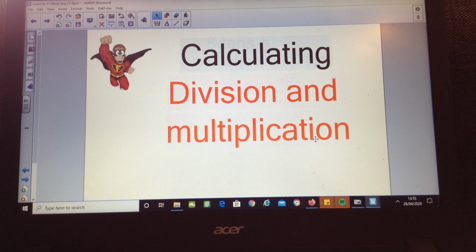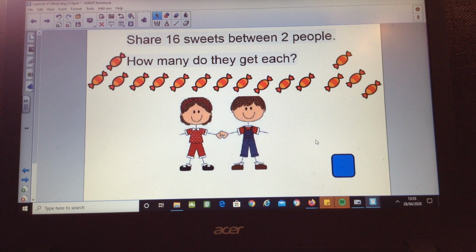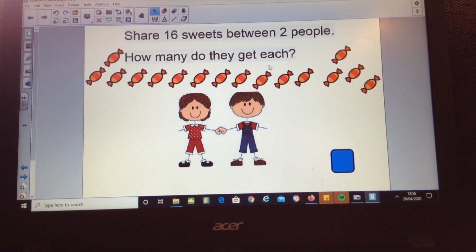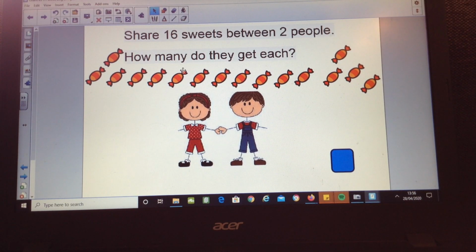There's your challenge. Now, if we know that double 8 is 16, it's really fantastic to help us with our calculating, our division and multiplication. If I had a question like 16 sweets shared between 2 people, how many do they get each? Well, that is just halving.